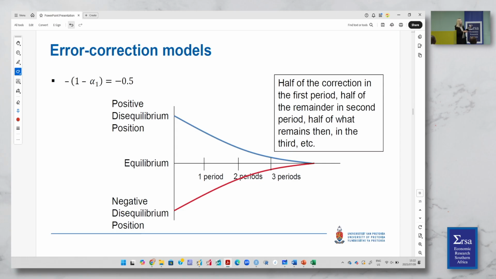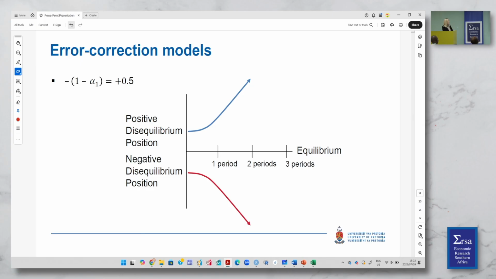And then 50% of that, so another 25, and then 12.5, etc., until we get back to equilibrium. But unfortunately, by that time, a different shock has happened. So it's not as straightforward as that.